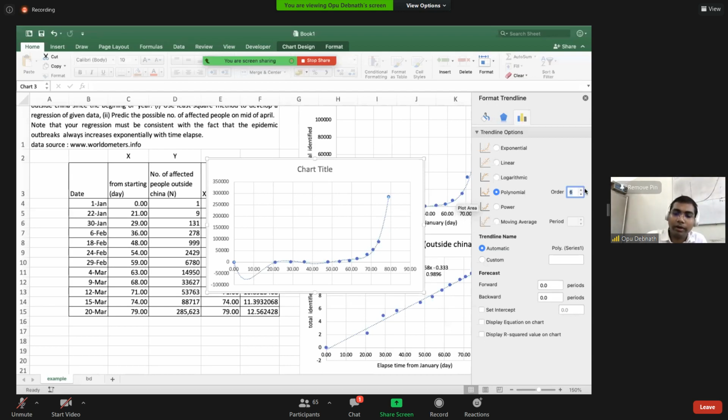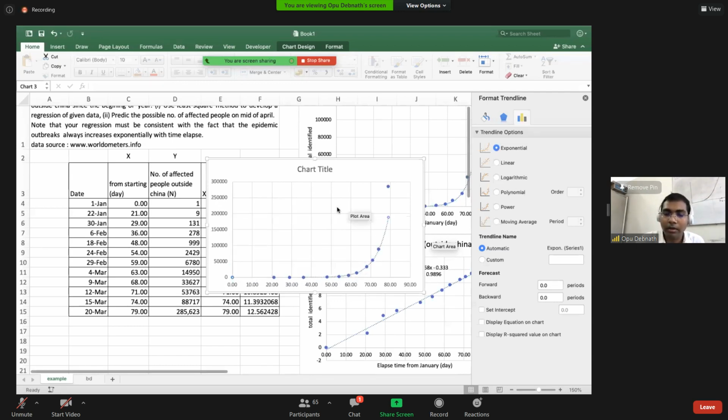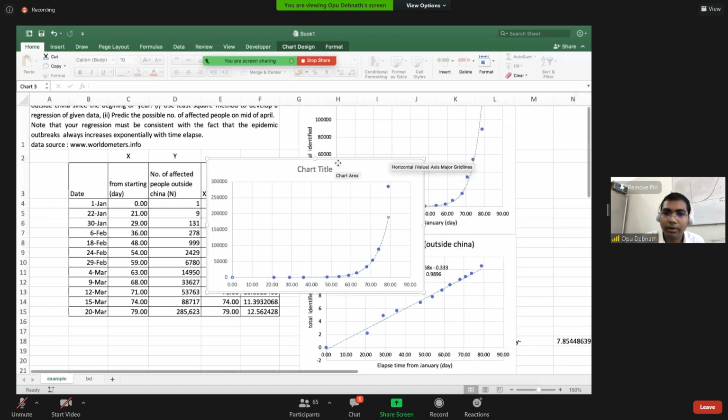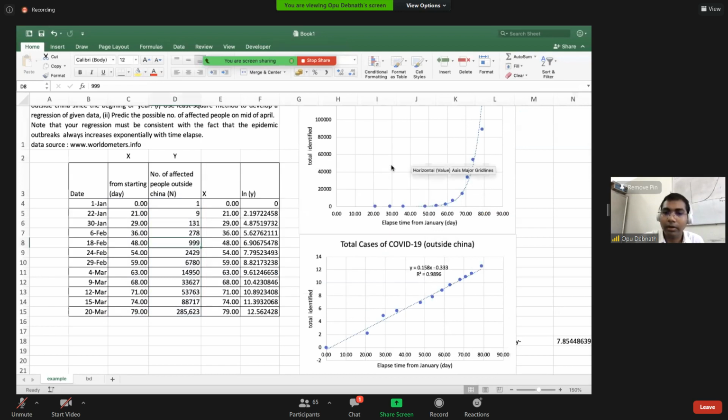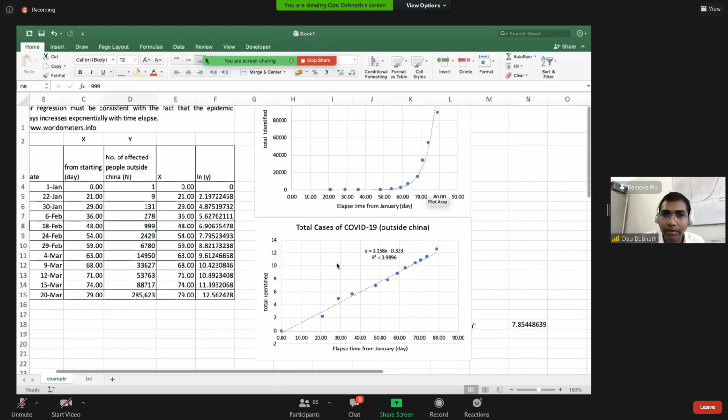When you have a large set of data, Excel supports up to sixth order polynomial trend line, so you may try which one is better. This is another option. For this specific case, it's exponential, so it's fitted. This is the line.